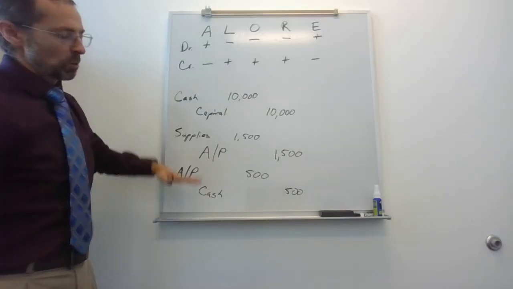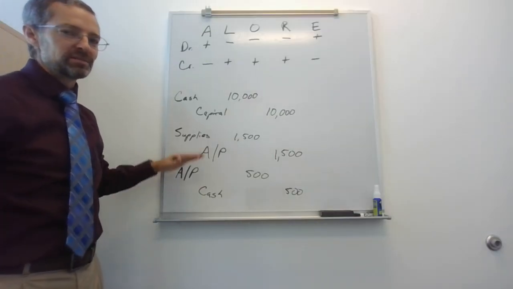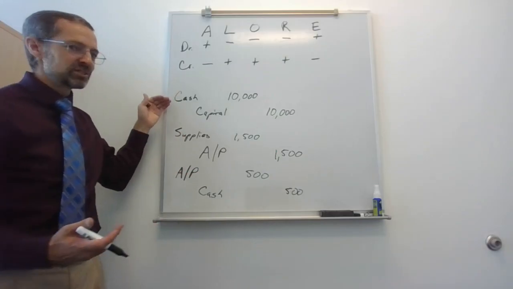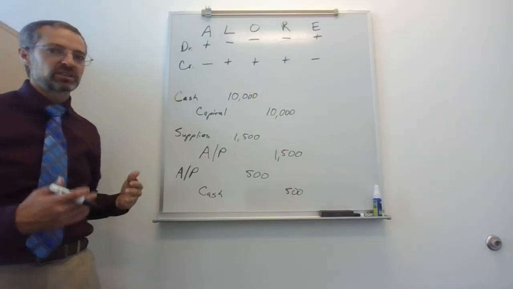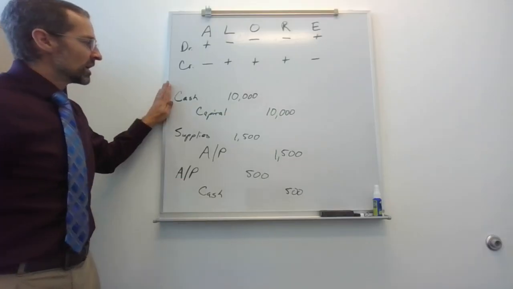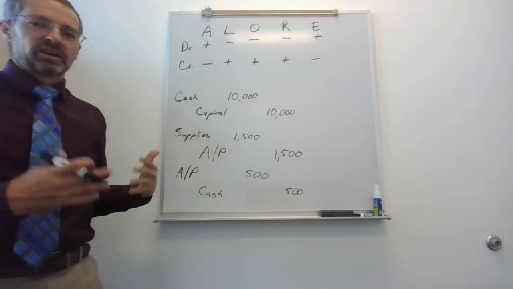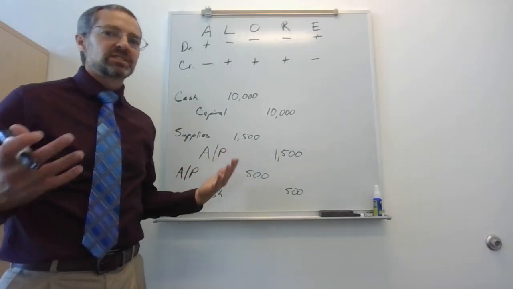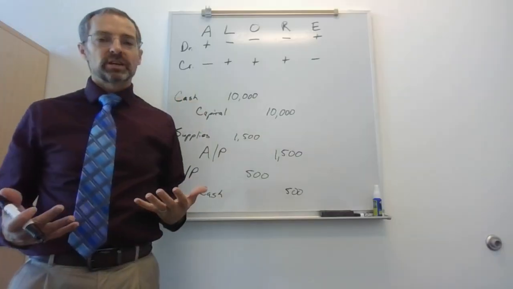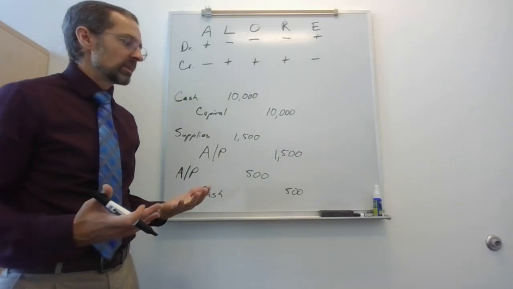So again, once you get very fluent in the accounting language, you'll be able to read these journal entries and construct the transaction that happened. All right, so you can have thousands and thousands of these journal entries, and you can read the story of what's happening in the business.